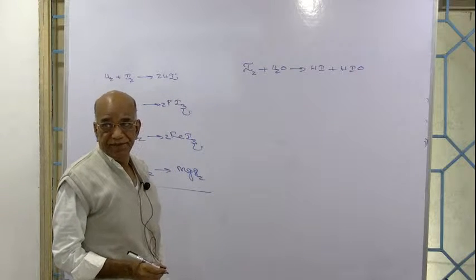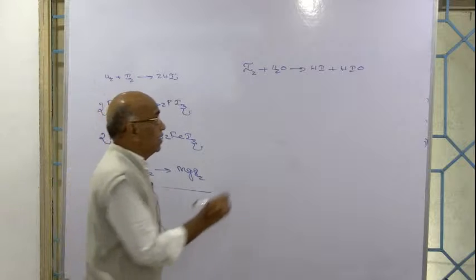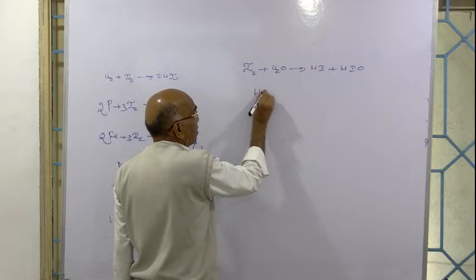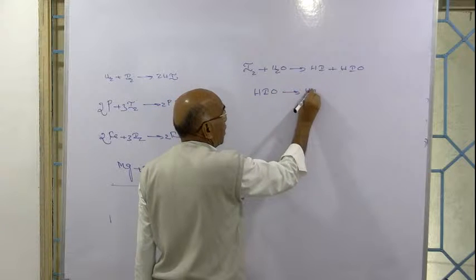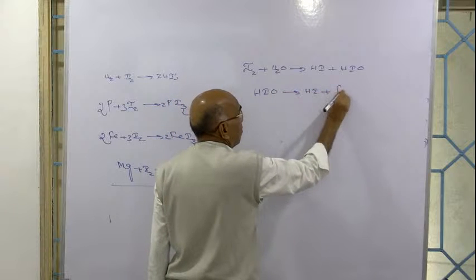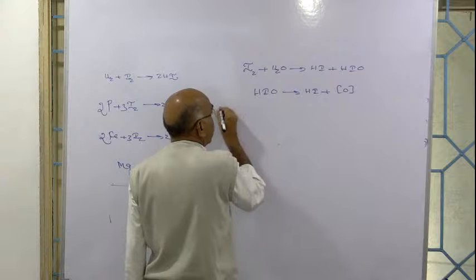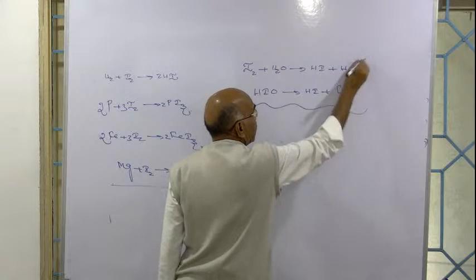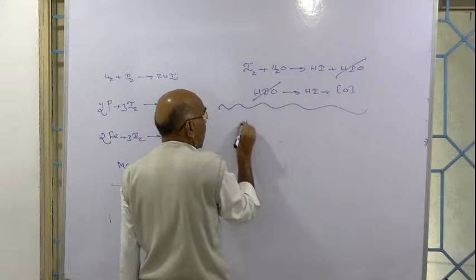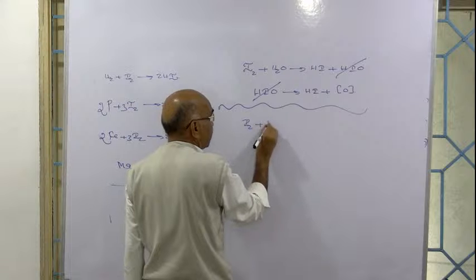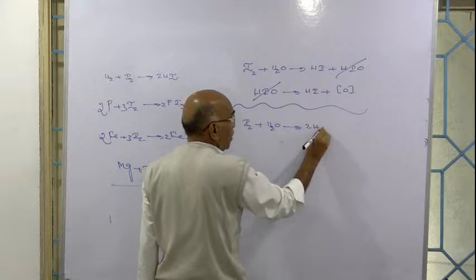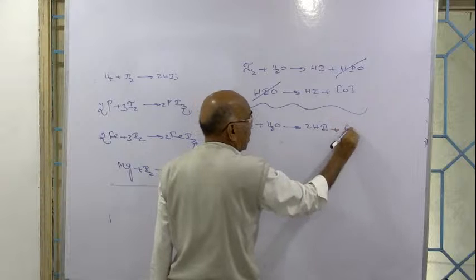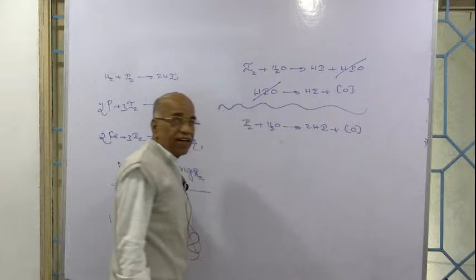Hypoiodous acid is an unstable acid; it gives HI plus unbonded oxygen. HIO gets cancelled. I2 plus water gives 2HI plus oxygen.